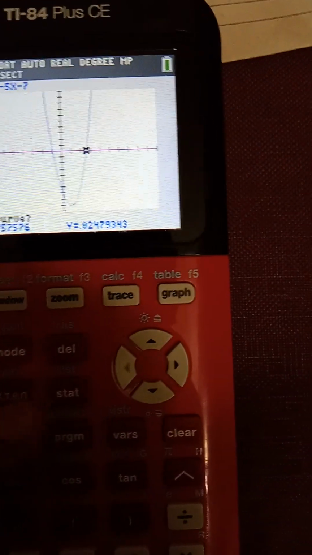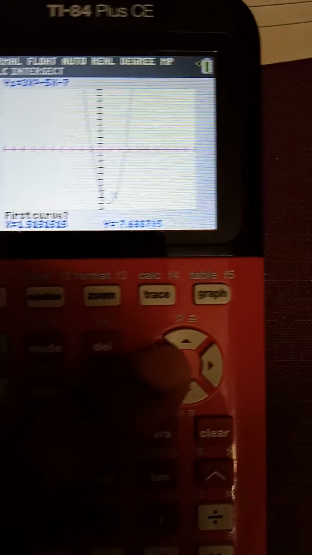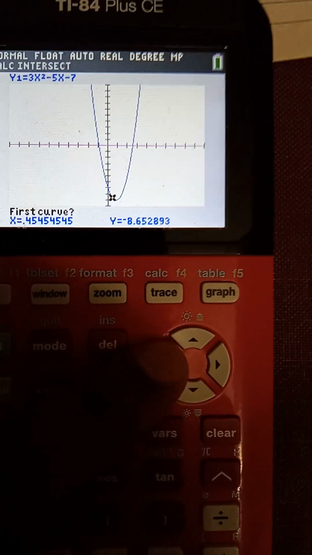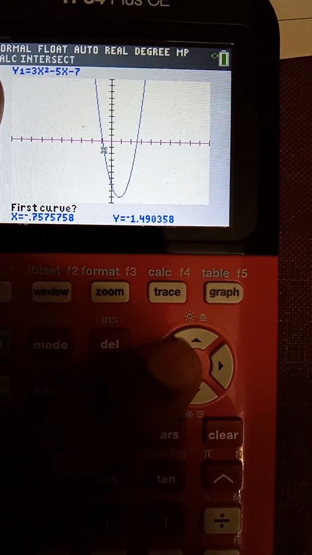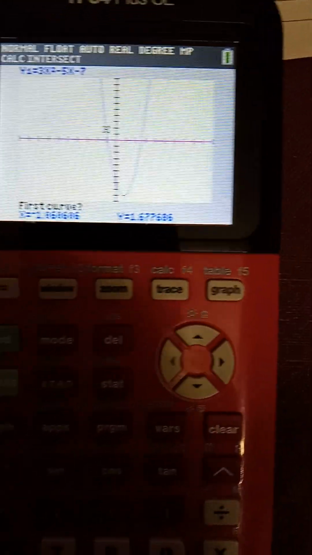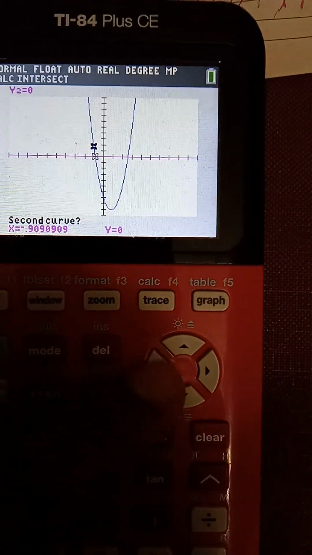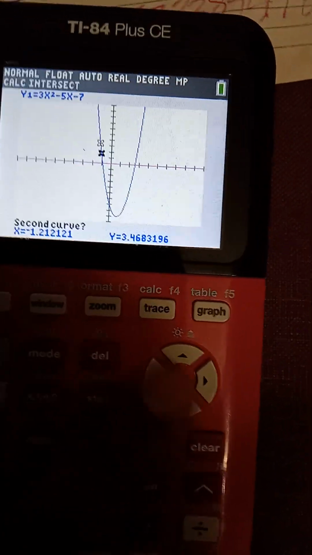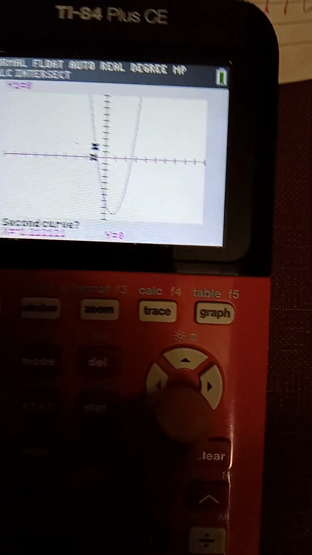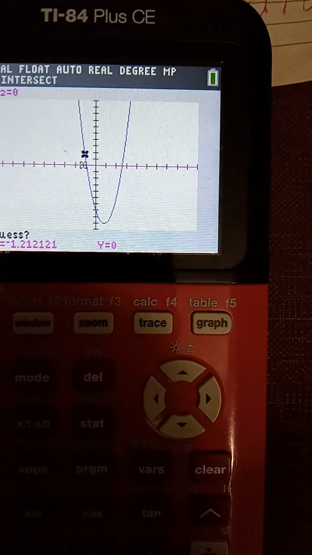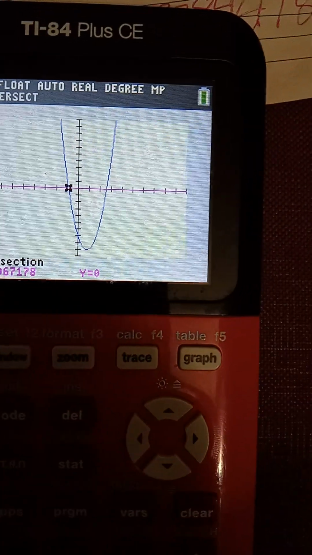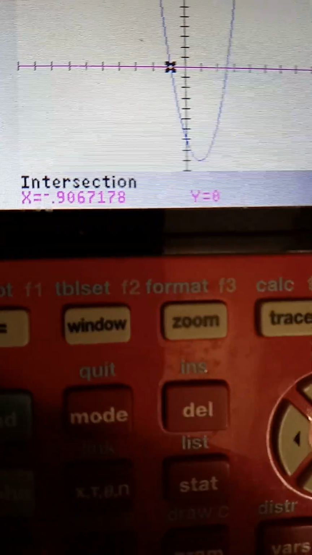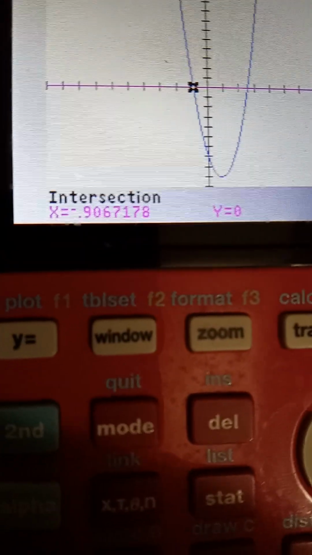And let's do the left-hand side again. Second, trace, intersect. This time we're going to go slightly above, then slightly below. And then enter again. There we go. Now it's reading it right here.